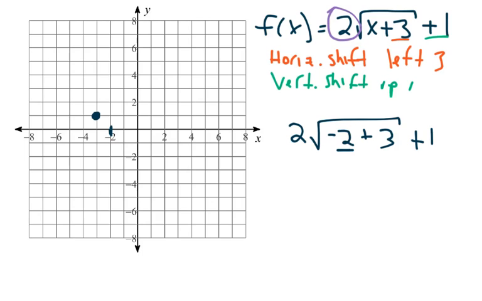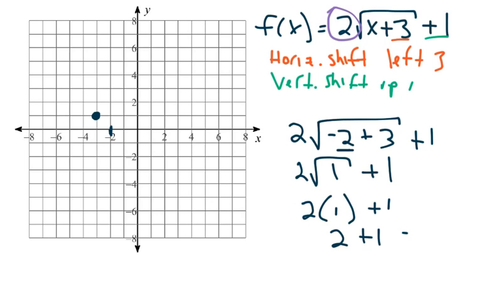Negative 2 plus 3 is 1. What's the square root of 1? 1. What's 2 times 1? 2. What's 2 plus 1? 3. That's simple math there. So this output value is right here, right? You could keep doing a T-chart and plugging in points.